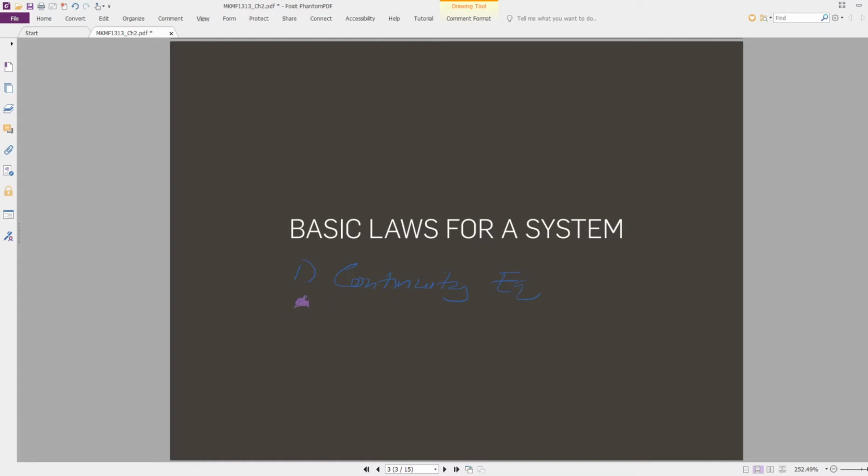Number two, we have the momentum equation. The continuity equation is dealing with the conservation of mass that enters the control volume at one point and leaves the control volume at other points.